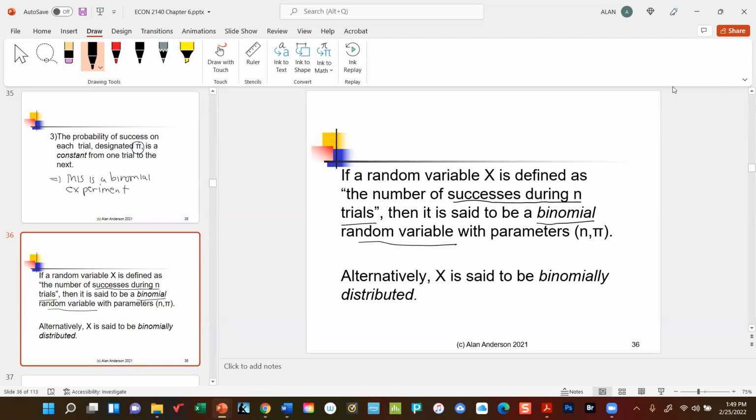It is uniquely characterized by the number of trials and the probability of success on a single trial.